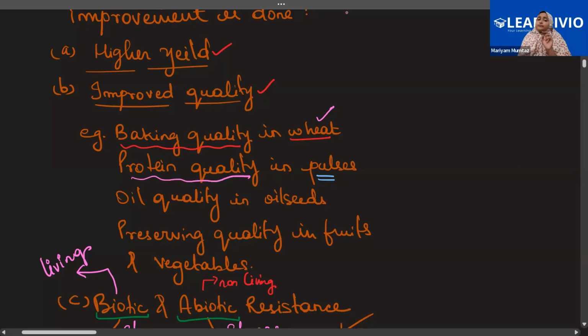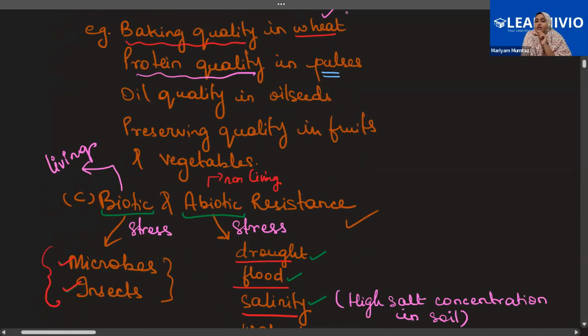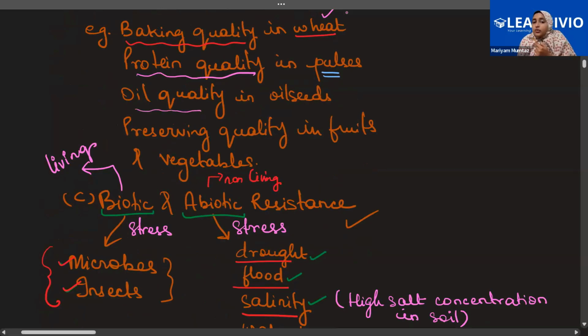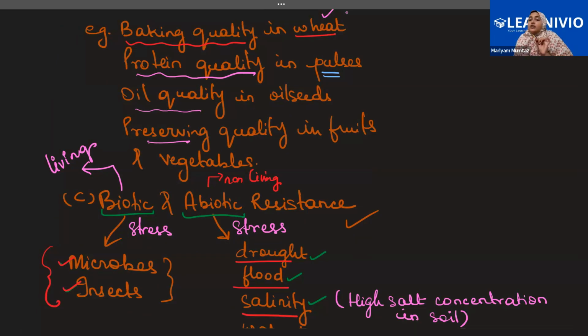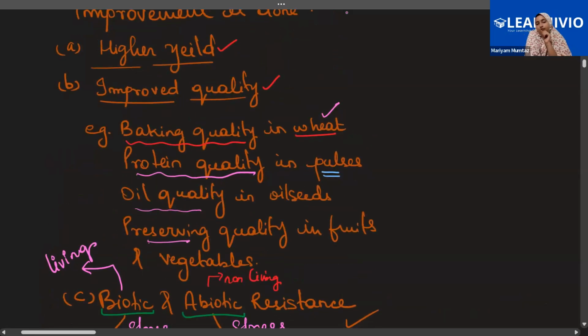Oil seeds are responsible for production of oil, so the oil quality must be top notch. Then preserving quality in fruits and vegetables, meaning they should not go bad easily, not in just one day. All of these are improvements in the quality of crops. Clear, students? Yes, ma'am. Okay, very good.